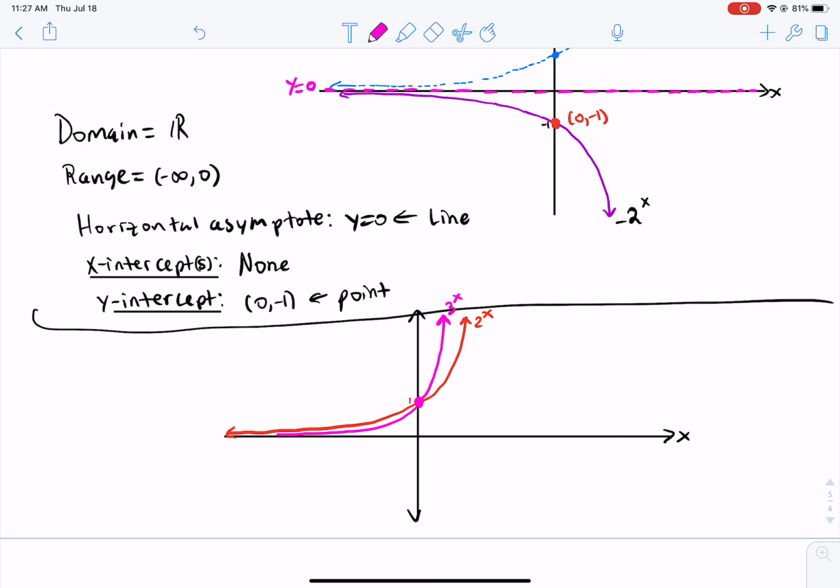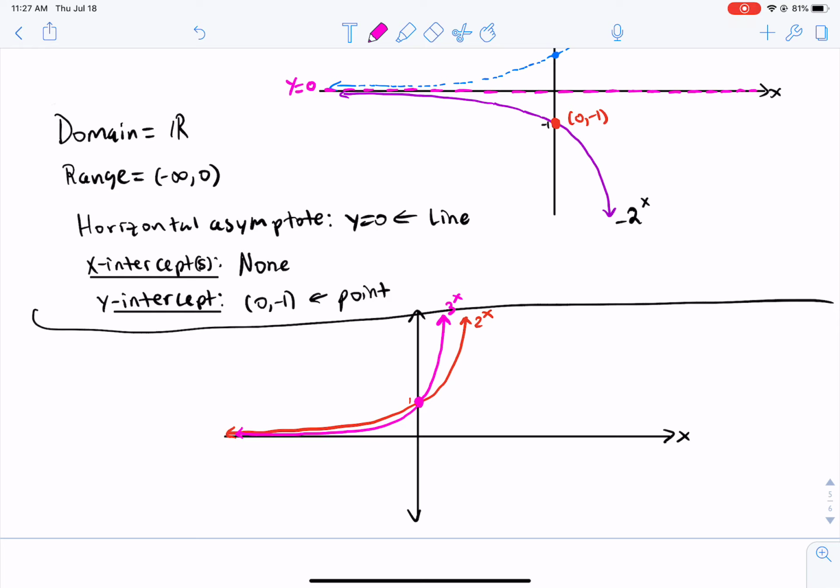It can be 3 to the power of -x, right? No, just 3 to the x, but on the left side. So it will be 3 to the negative power, because x on the left side of the y-axis is negative. 3 to the power of -x will be a reflection of this blue line over the y-axis. Can you draw it? Sure.